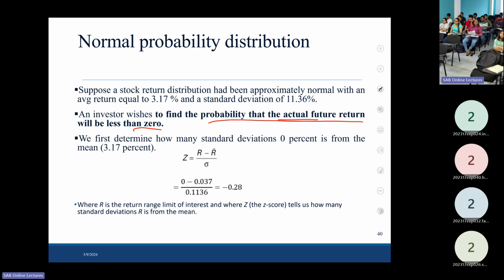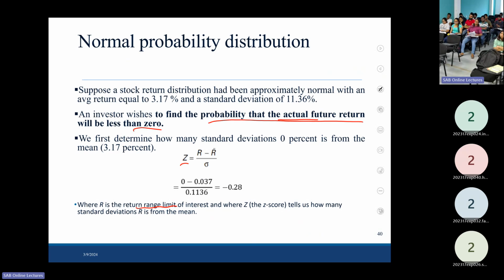Then you have to calculate this Z value. This is statistics actually, so you have to apply this formula. By applying this formula, you have to calculate the Z value. Here R is our expected or our interest rate range or our limit. That is 0. So R is the return range limit of interest, our expected number.